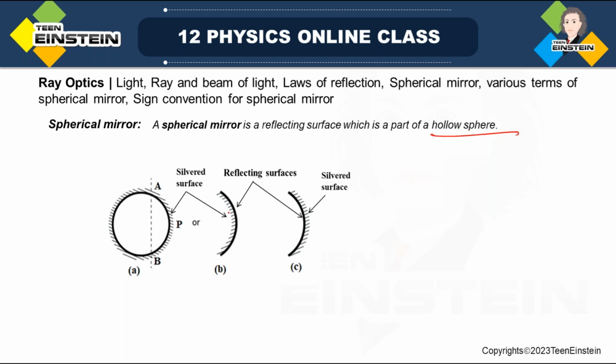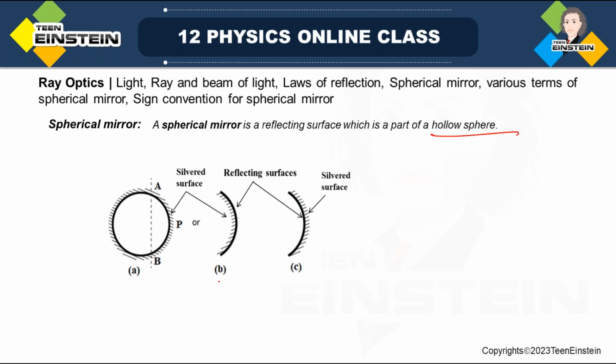Suppose I have a portion like this. Now if I polish the inner surface with silver, then the outer side will not be reflecting.